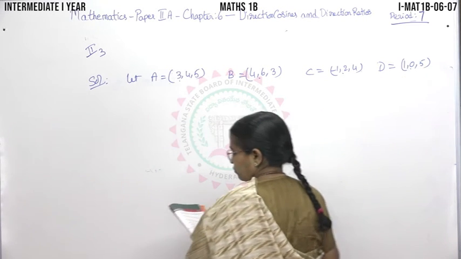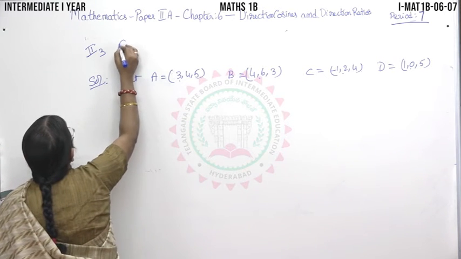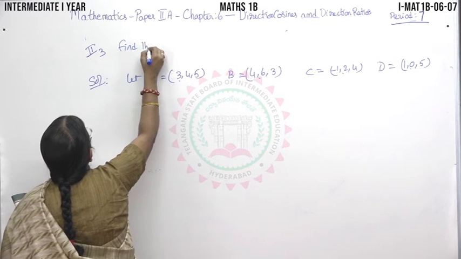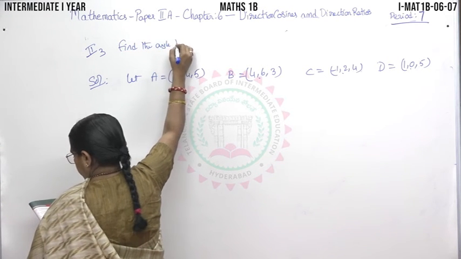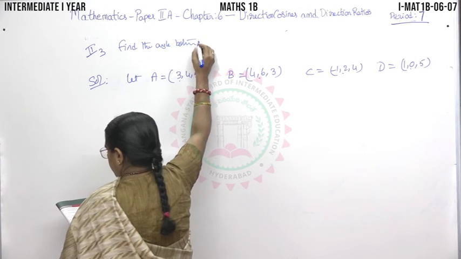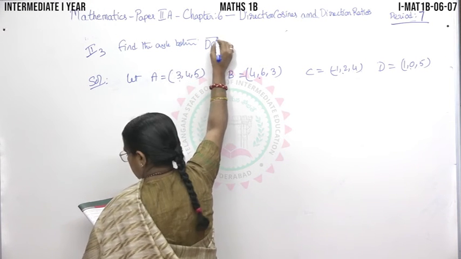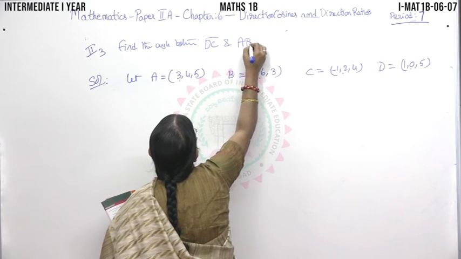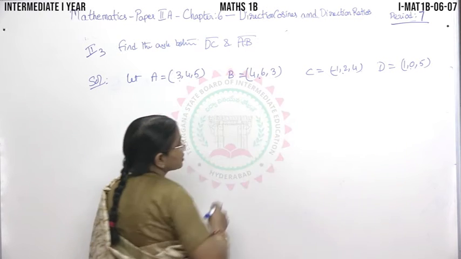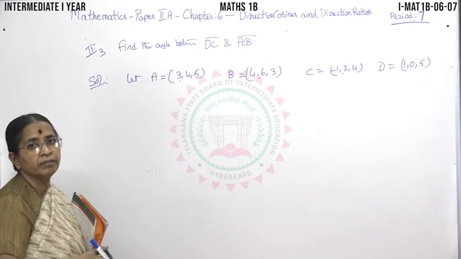The question is, find the angle between DC and AB, where the points are given like this.